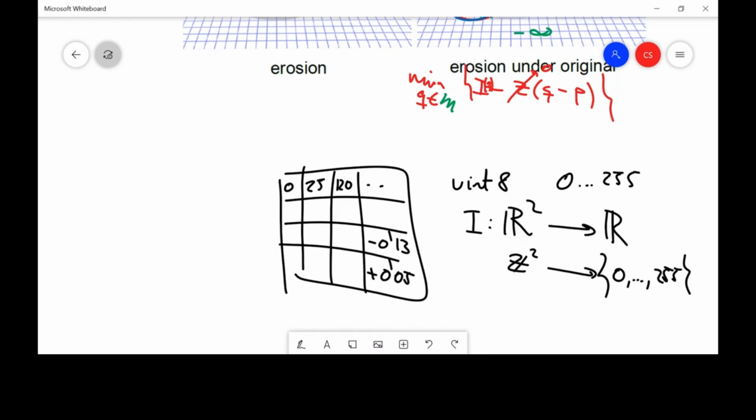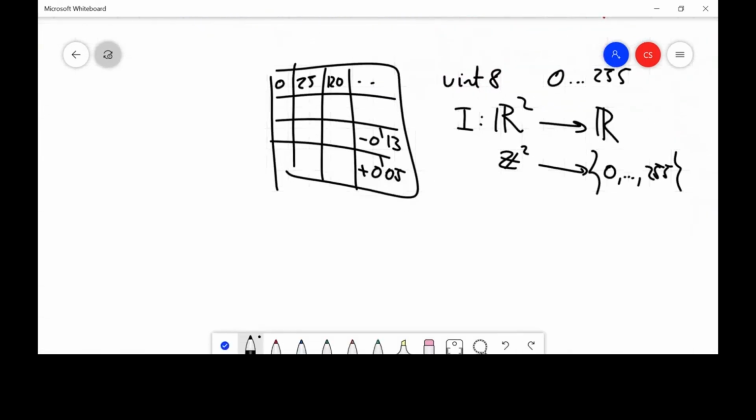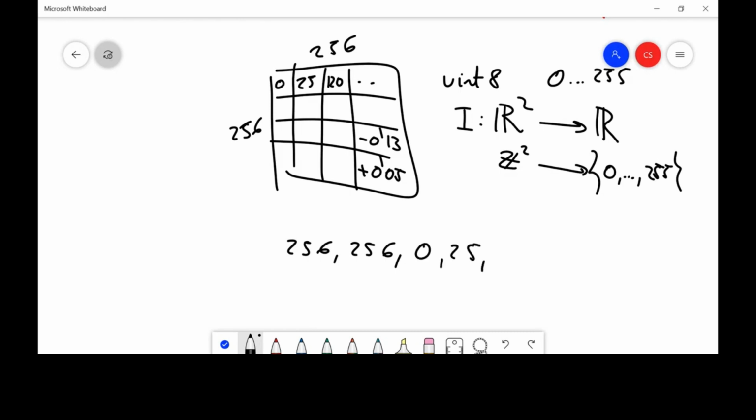If you want to save that content in a disk, what do you have to save? So what are sensible things to save? The minimum I would say is, let's say that this is an image of size 256 by 256. The minimum bytes you need to store would be 256, 256, and then you store all the values.